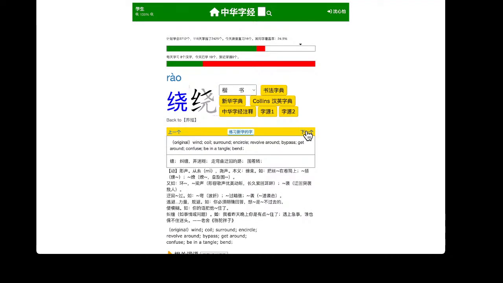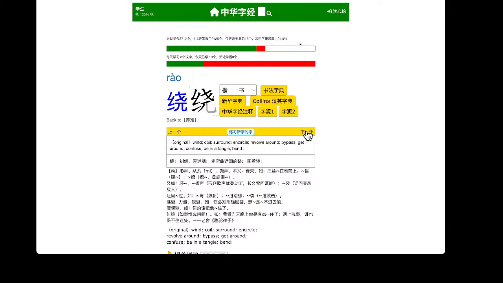绕 means wind or coil. It can also mean surround or encircle or revolve around. Bypass, which is also sort of like going around, get around. And also, in terms of this winding and coiling, it can be used metaphorically to mean to confuse or get somebody tangled up, like mentally.